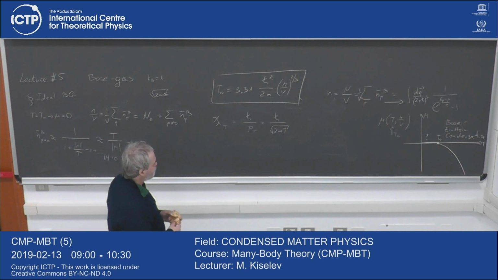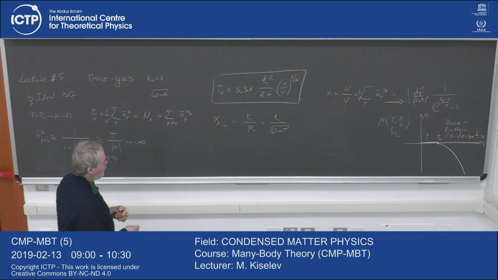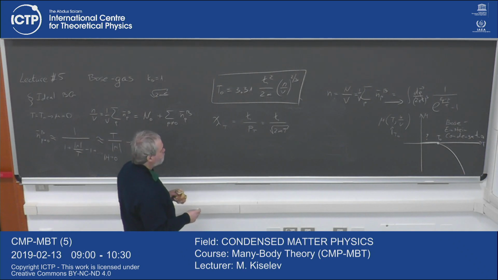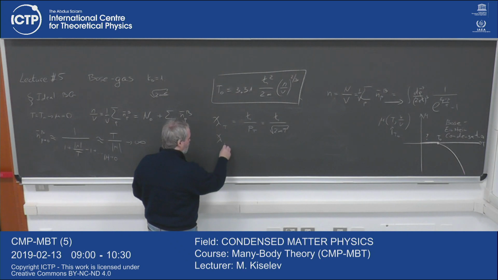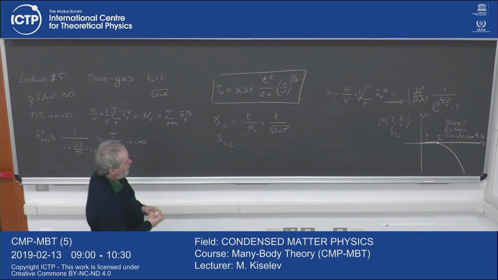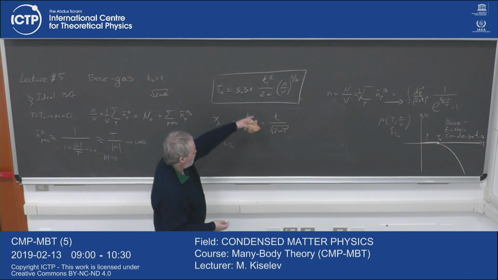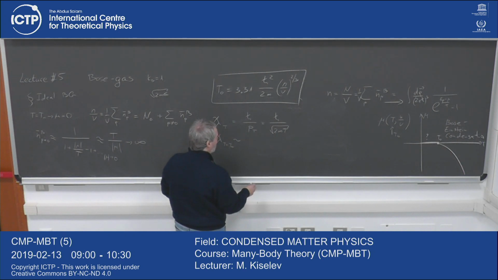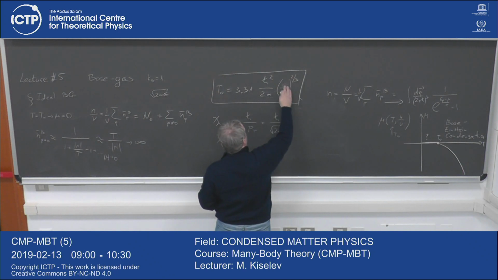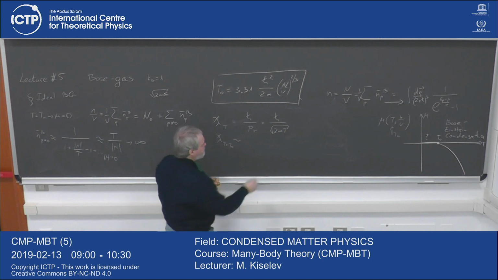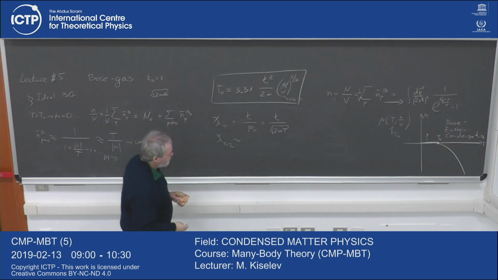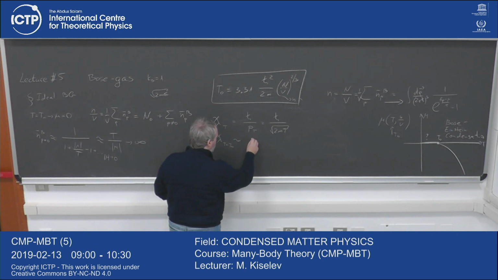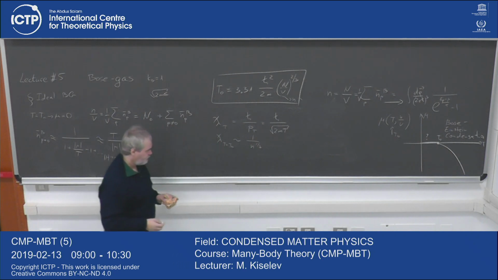And let's see what happens if we plug in T equal to T_0. Then we see that in this situation, with capital N being the density, the de Broglie wavelength is 1 over n to the power 1/3.